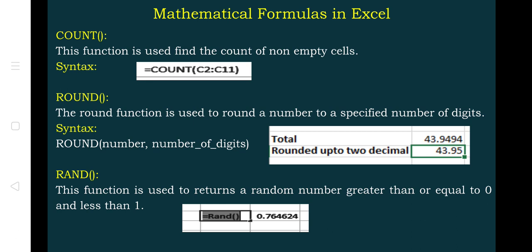I have just typed equal to RAND in a cell and pressed enter. The answer I got is 0.764624. If you apply the same function again, you will get some other random number, because, as the name says, it is random. It will keep creating new numbers whenever you apply this function on a cell. And this is the syntax, RAND.